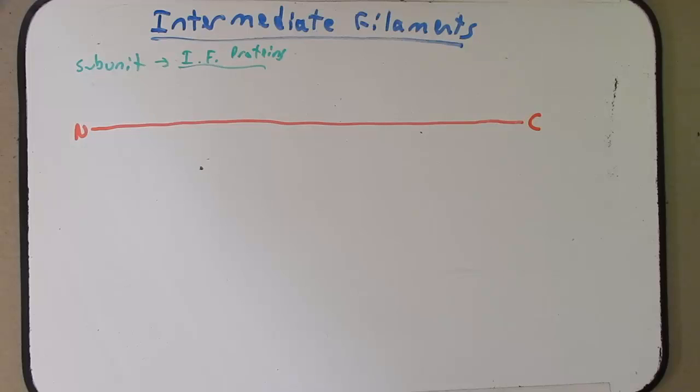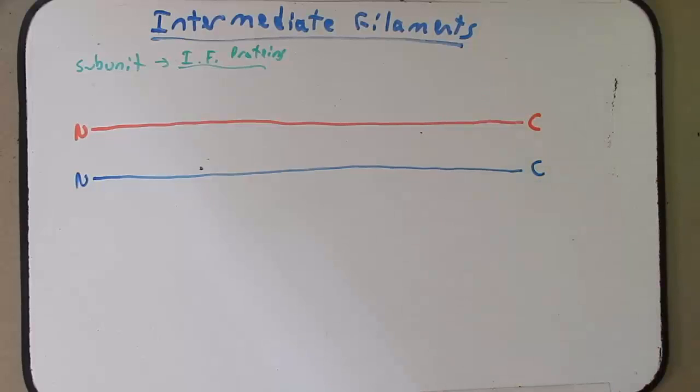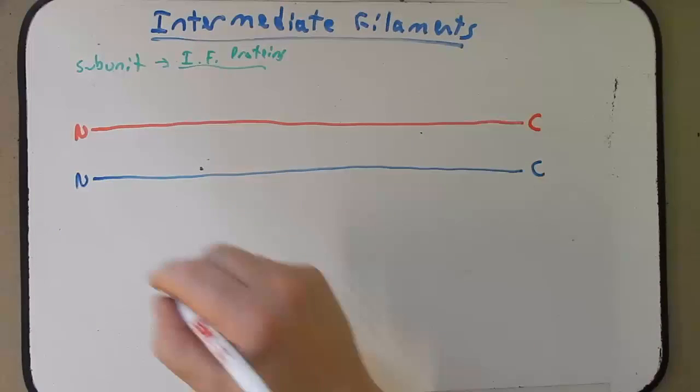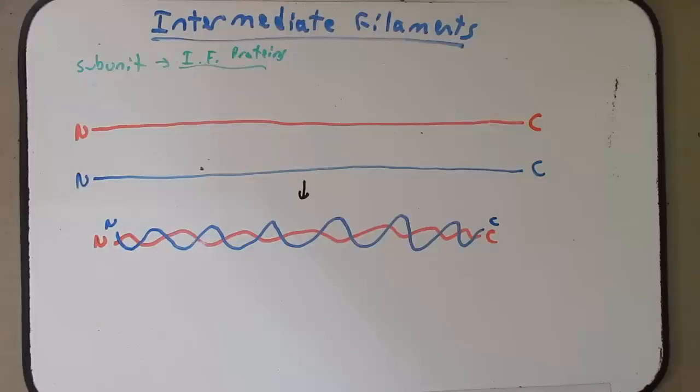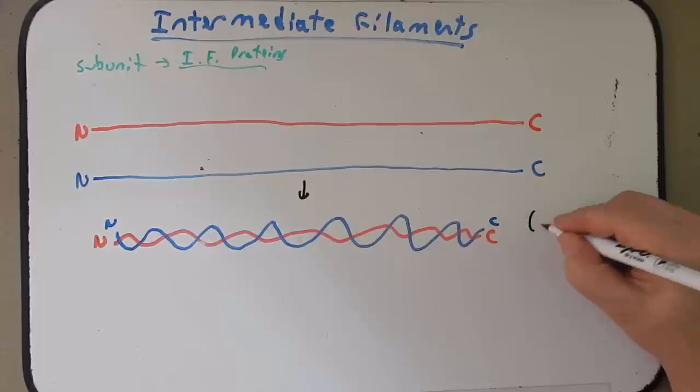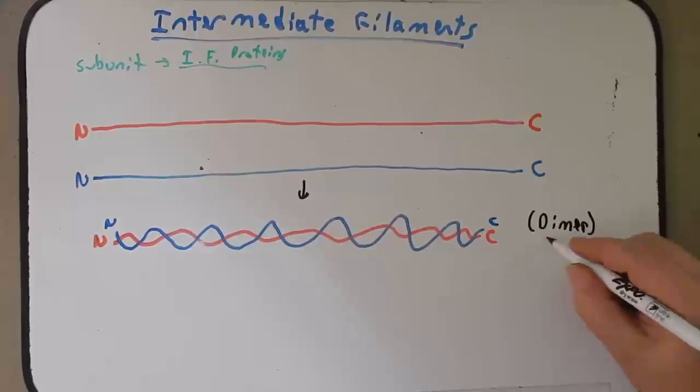So we're going to take two separate intermediate filament proteins, like so, and they will form a dimer. In doing so, they will wrap around each other in sort of a helical pattern. And this we call the intermediate filament dimer, because there are two of these proteins.